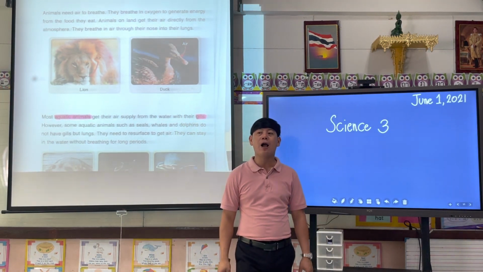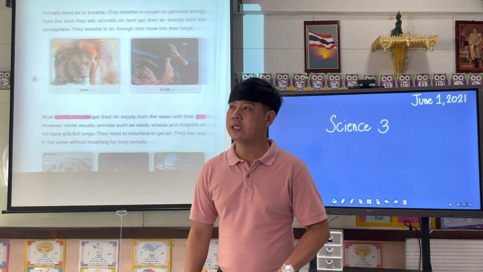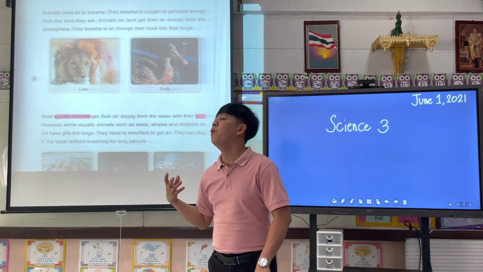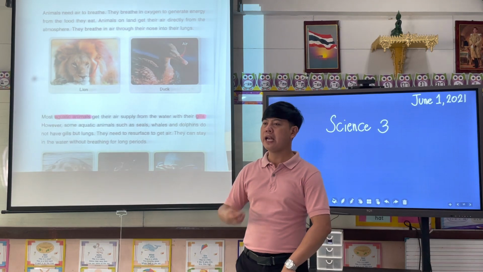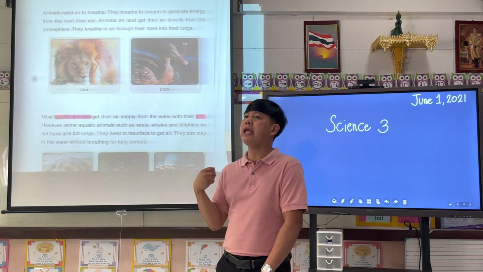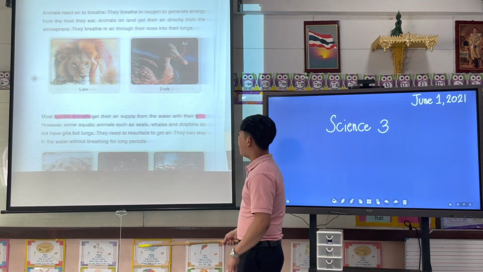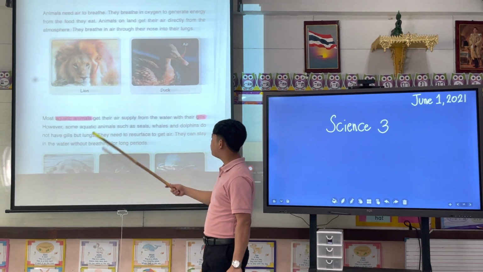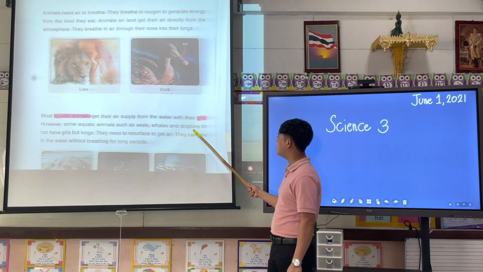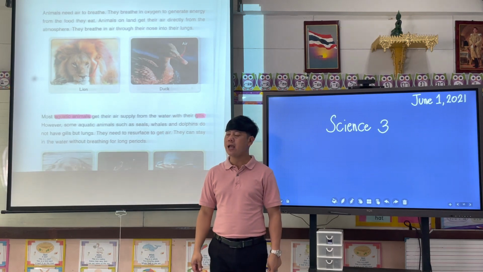Okay, what is an aquatic animal? Aqua means water. So it means they spend their life on water. They breathe through their gills, and some of them breathe through their lungs. However, some aquatic animals such as seals, whales, and dolphins do not have gills but lungs.